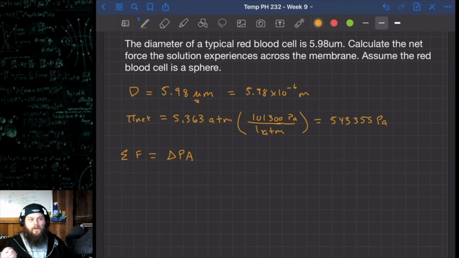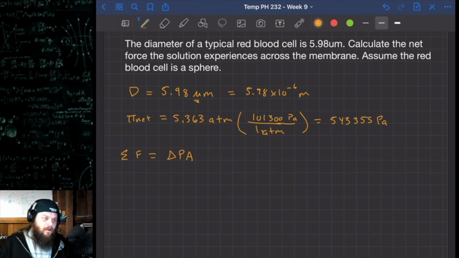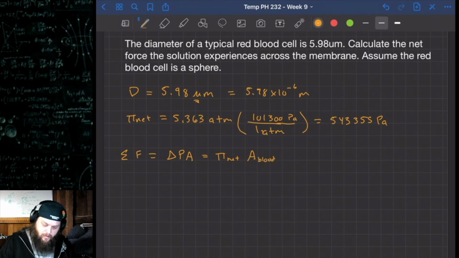So the force is going to be equal to the net osmotic pressure times the area of the blood cell.